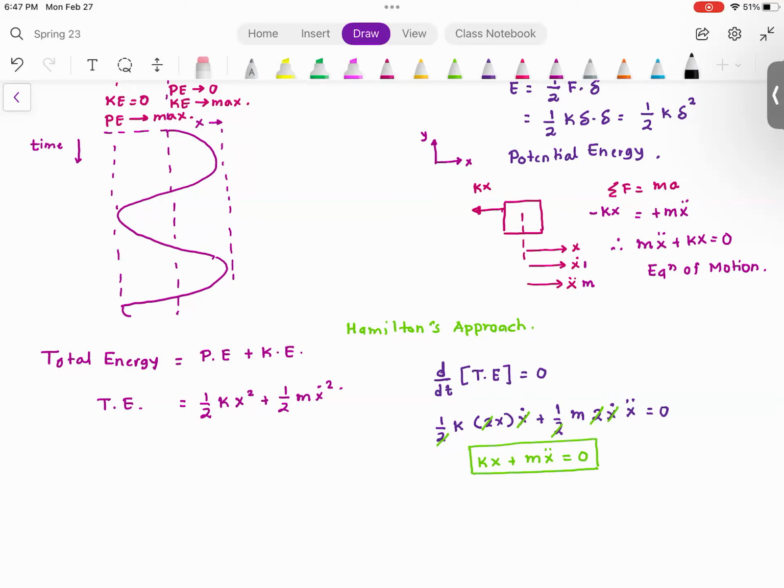Now, the next approach which I want to talk about, and I want you to remember this approach because this is the approach that we are going to use. This is the Lagrangian approach. And the advantage of the Lagrangian approach is you can write a MATLAB code that will do the Lagrangian, find the differential equations of motion and integrate those differential equations of motion.